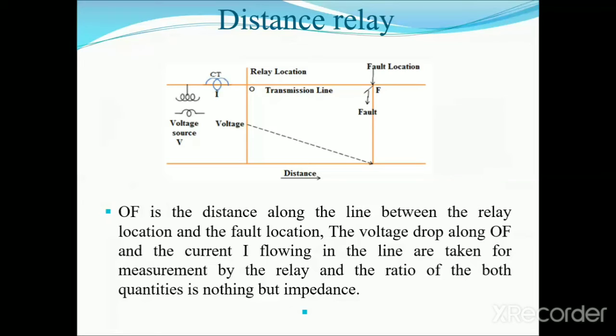Okay, the impedance of the line is more than the impedance of the faulty section. The impedance of the line is represented by the radius of the circle, and the phase angle between the x and r axis represents the position of the line vector.